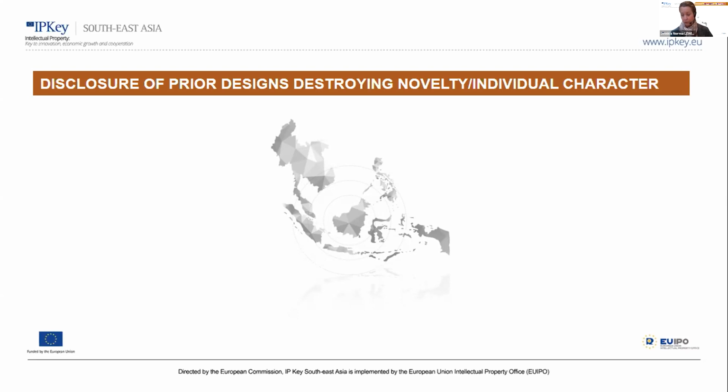Establishing the date of disclosure of the earlier design can be very, very challenging, in fact. Because if you cannot establish that, your case will fail. Okay, we will not even assess the novelty and individual character because you were not able to prove that there was an earlier disclosure. So we can move to the next slide.